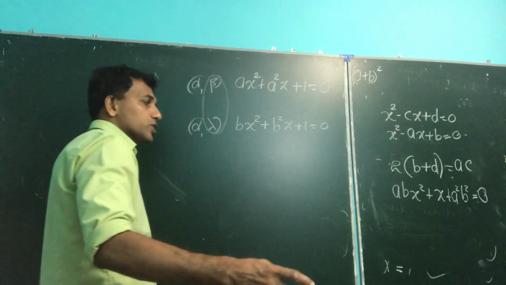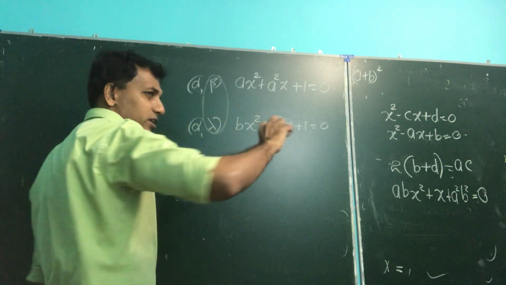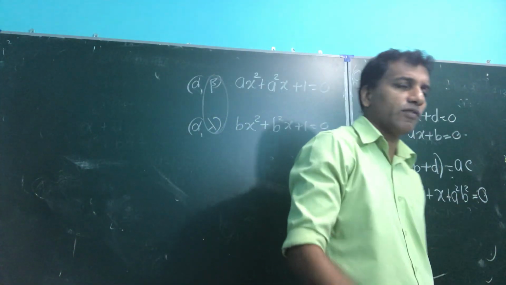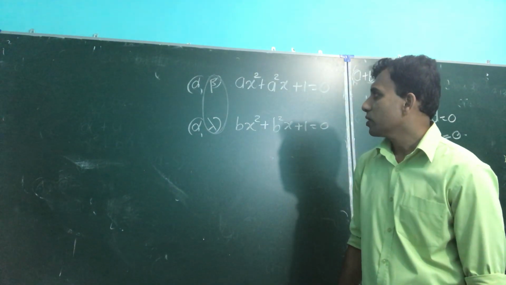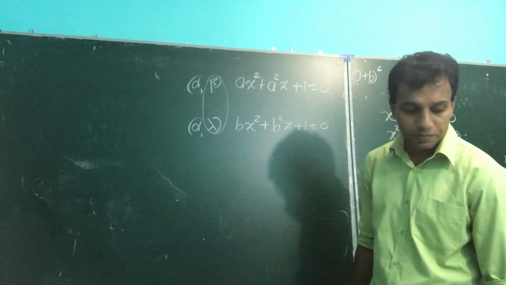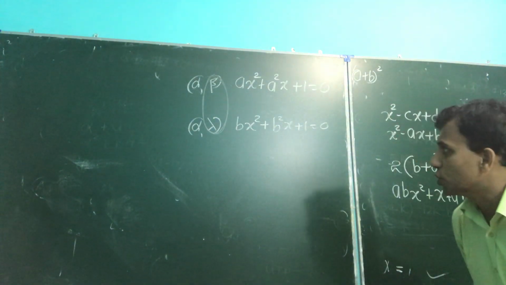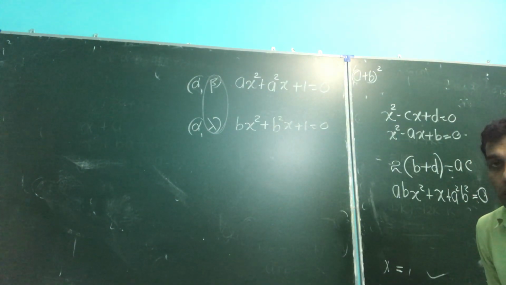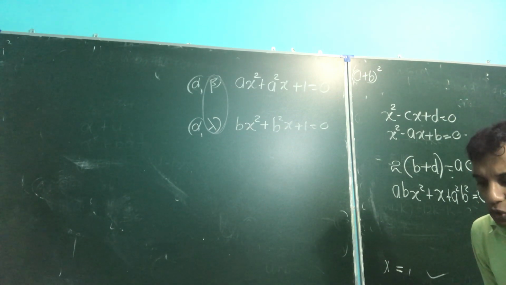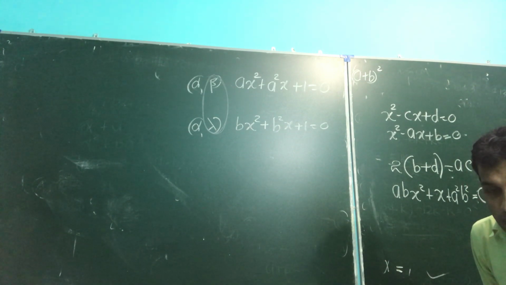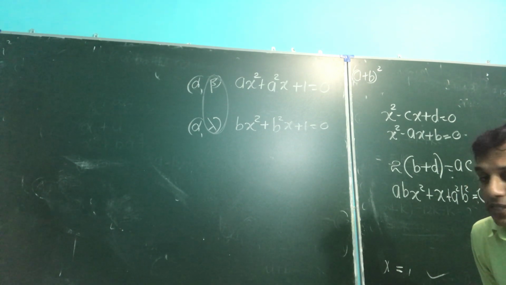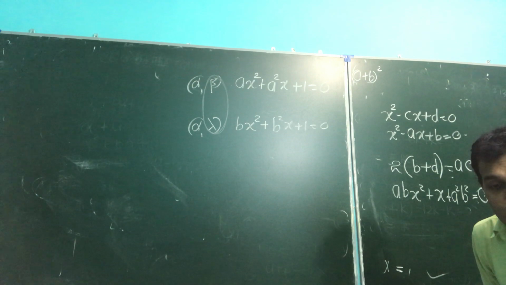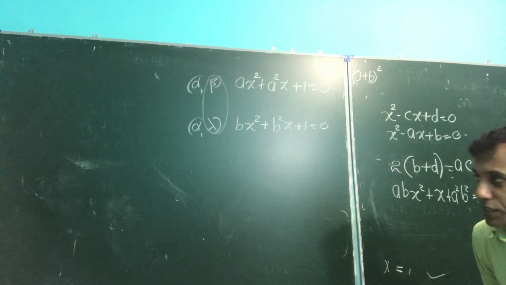Then you take, let the roots, write this sentence clearly, first question, therefore give a clear answer. Let the roots of the equation ax square plus a square x plus 1 equals 0 be alpha and beta.